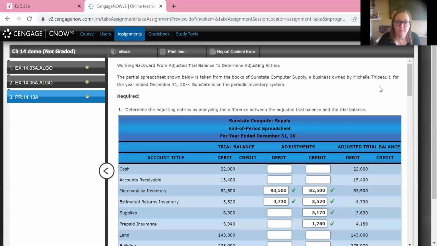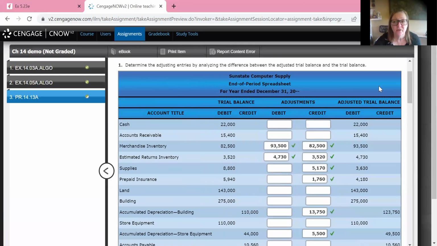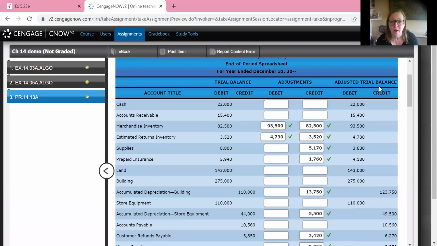So this is a pain. I'm not saying it's not, but you can do it, and you need to do it so you can see what I'm talking about, that when you're making an adjustment at the end of the period, it doesn't just magically go from this was our trial balance to now here's our adjusted trial balance. No, everything about it was an adjustment that you made. And so they're wanting you to reconstruct the adjustments based on the fact that the trial balance numbers do not agree with the adjusted trial balance.